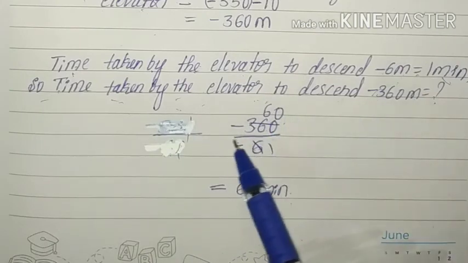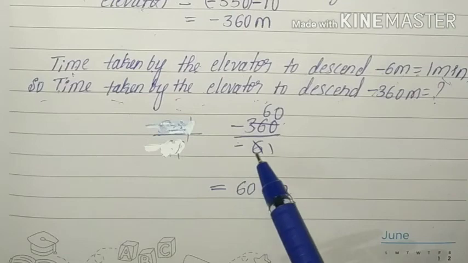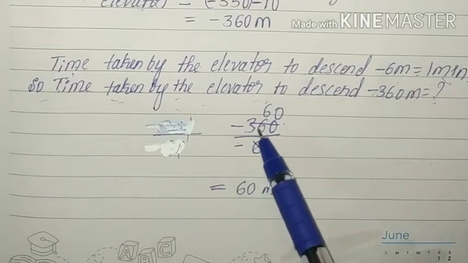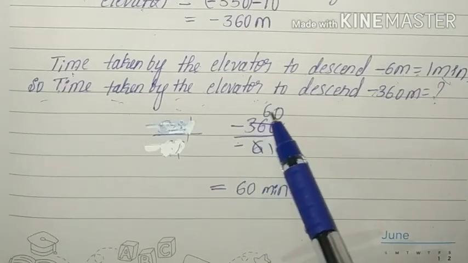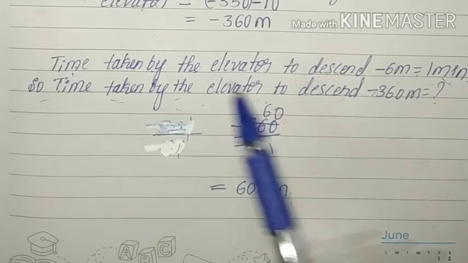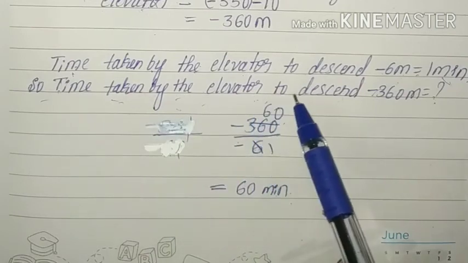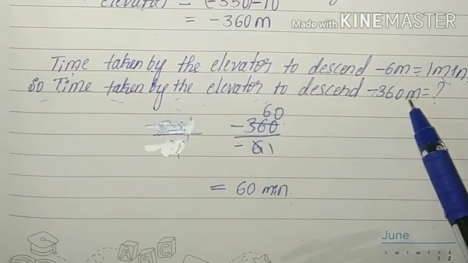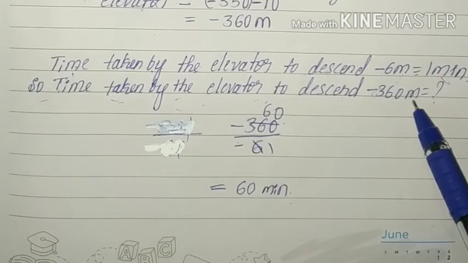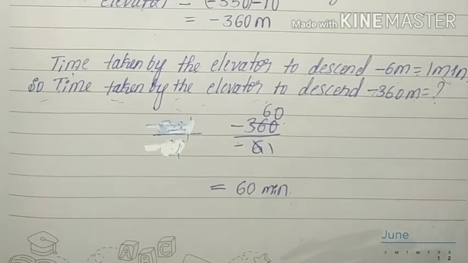So minus 360 meters divided by minus 6 meters. 6 ones are 6, 6 sixes are 36, 60. Therefore 60 minutes. The time taken by the elevator to descend minus 360 meters is 60 minutes, that is 1 hour.